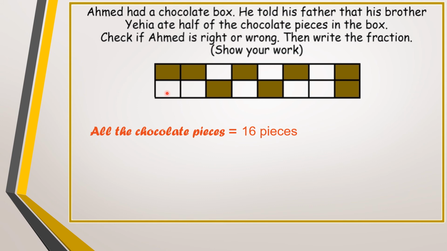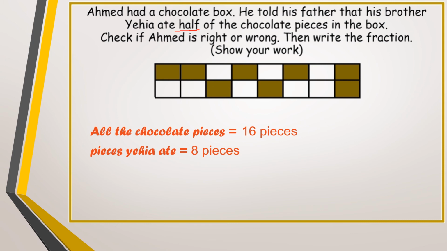Let's see how many Yahya ate. 1, 2, 3, 4, 5, 6, 7, 8. So the pieces Yahya ate is 8 pieces. So I want to find if Ahmed is right or wrong. Ahmed said that his brother ate half of it.